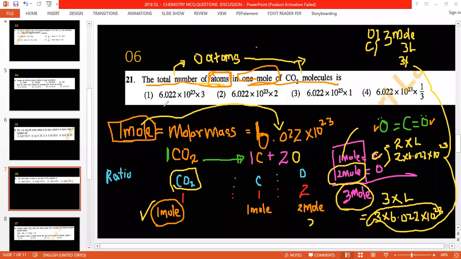So the answer should be the first one. If they ask how many oxygen atoms, this should be the answer. How many carbon atoms, this should be the answer. So the answer should be the first one. I hope you got the answer.